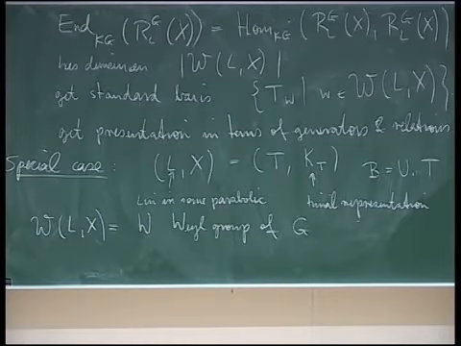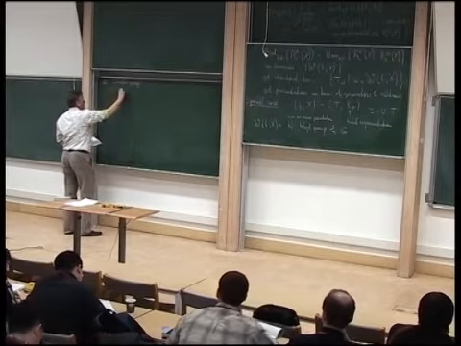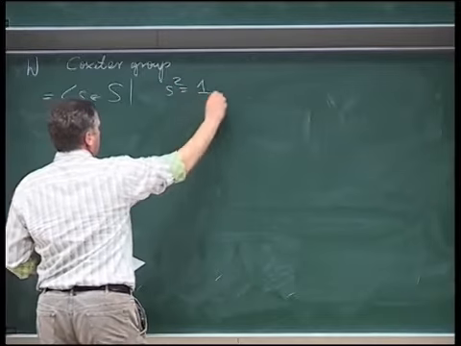And in this case then, we know that W is a Coxeter group. So it has a presentation like this.